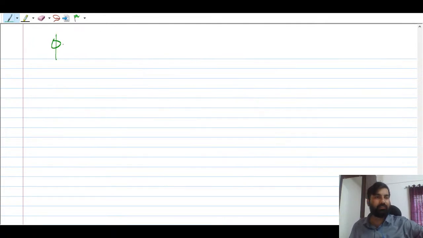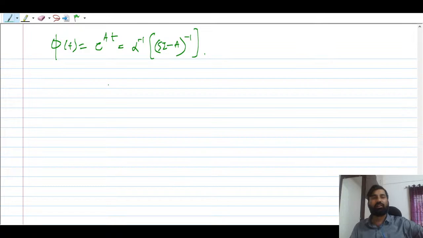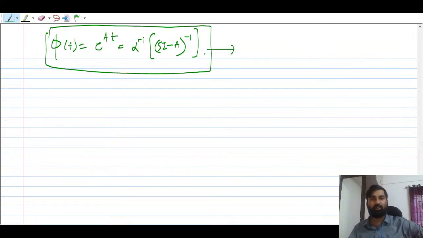This phi t, or e raised to power At, or L inverse of (sI minus A) inverse, is nothing but the state transition matrix.